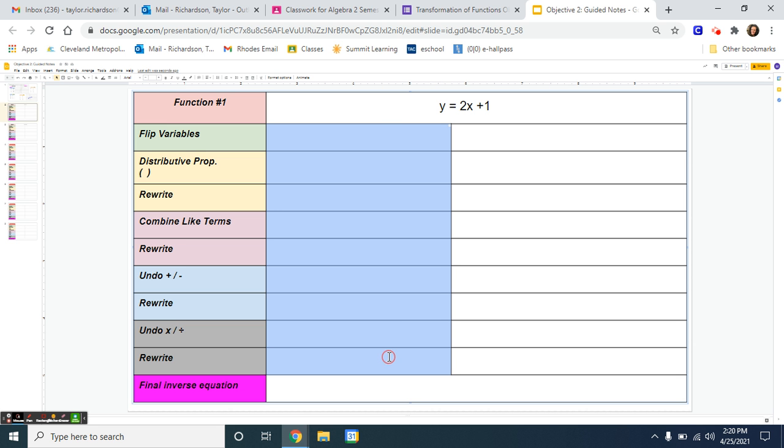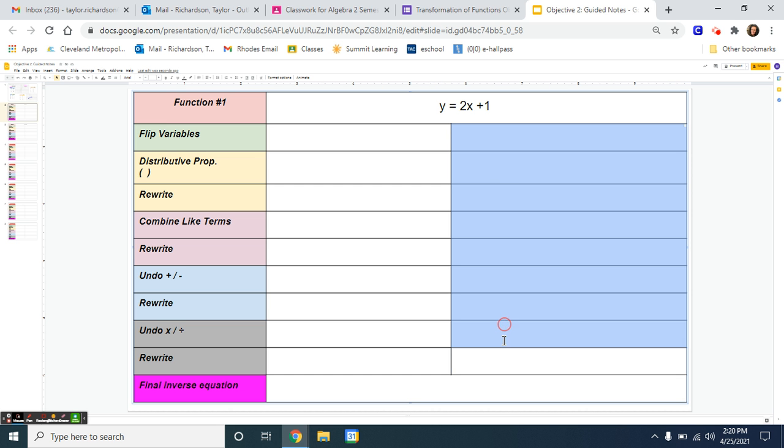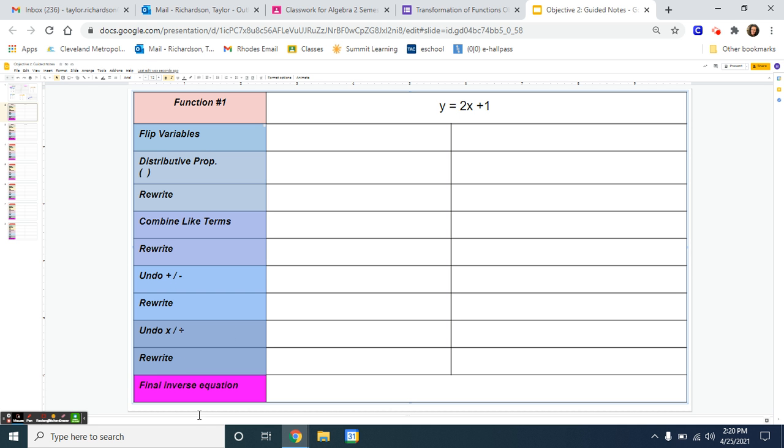So there is a left side of your equation and there is a right side. And I'm telling you what our steps to solving equations are over here on the very left. So the first step, you're going to flip your variables. So instead of y equals, I'm going to put x on this side. And instead of 2x plus 1, it's going to be 2y plus 1.